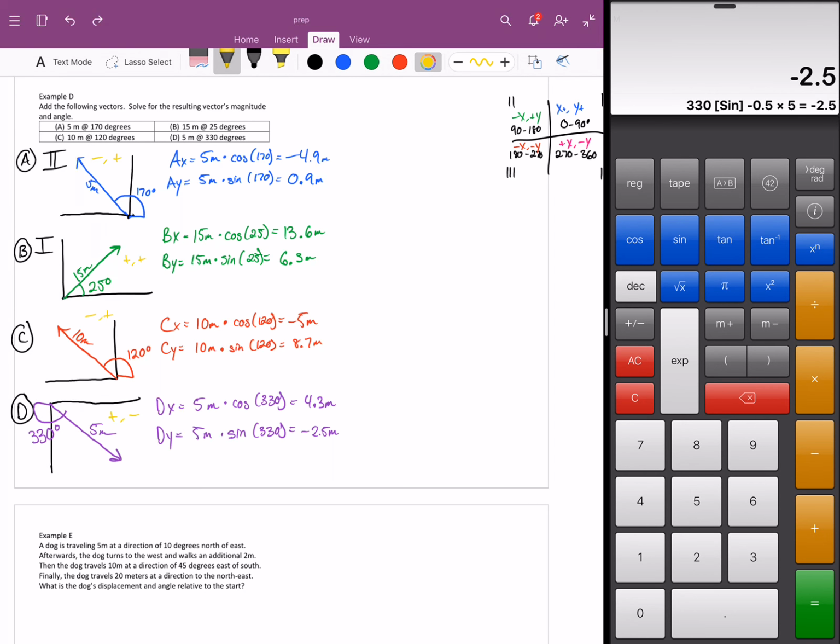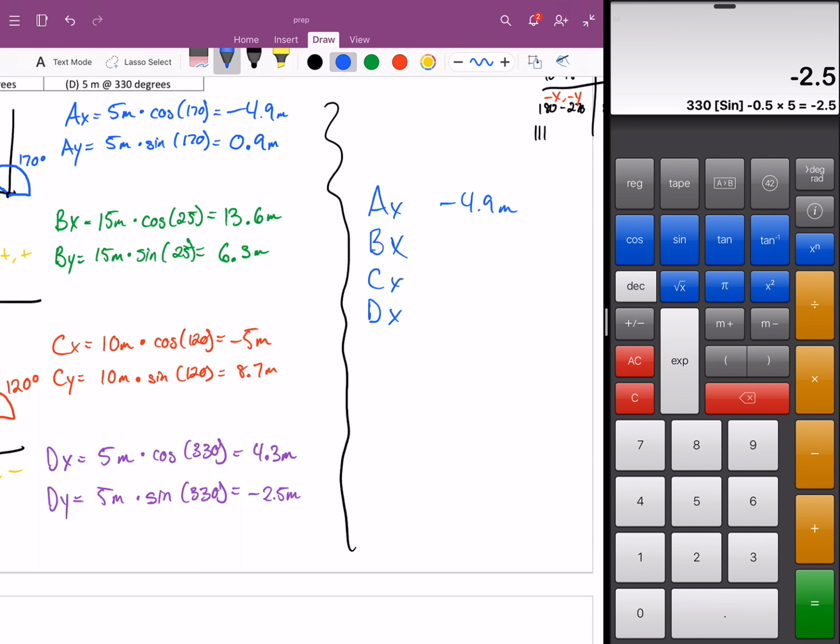So now we're going to add all the x's and all of our y's. Draw a little division here. AX, BX, CX, DX: negative 4.9 meters, 13.6 meters, negative 5 meters, and finally 4.3 meters.